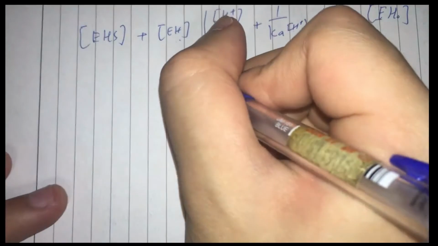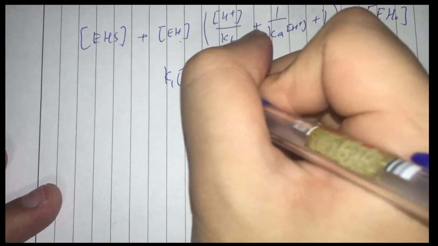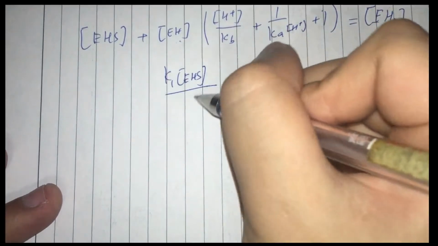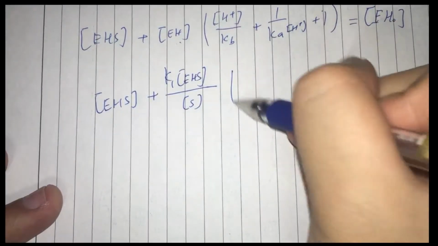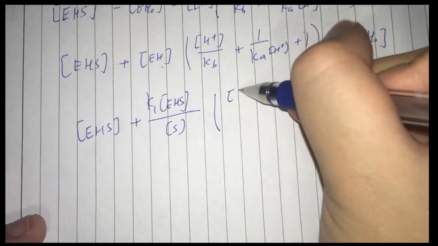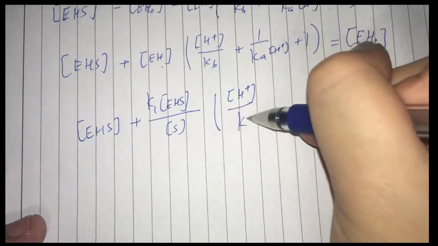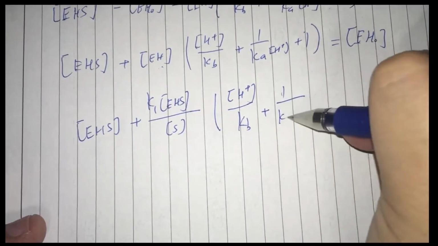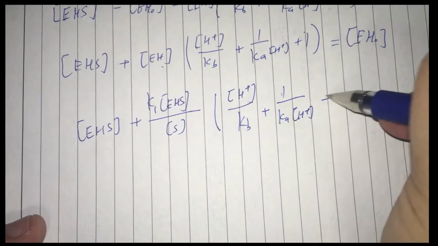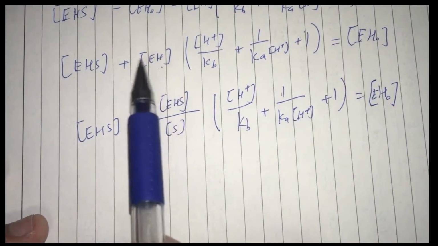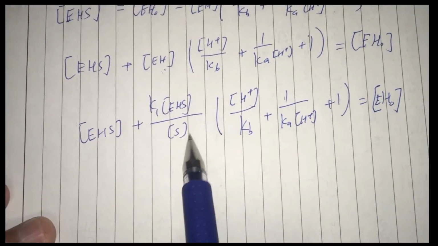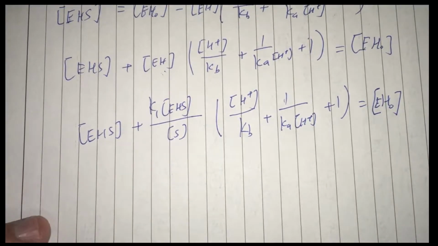So this EH equals K1 EHS over S. So I'm going to put a plus here, and then pretty soon we can make EHS our subject. So again, what I've just done is to replace EH with what we previously derived from our equilibrium.